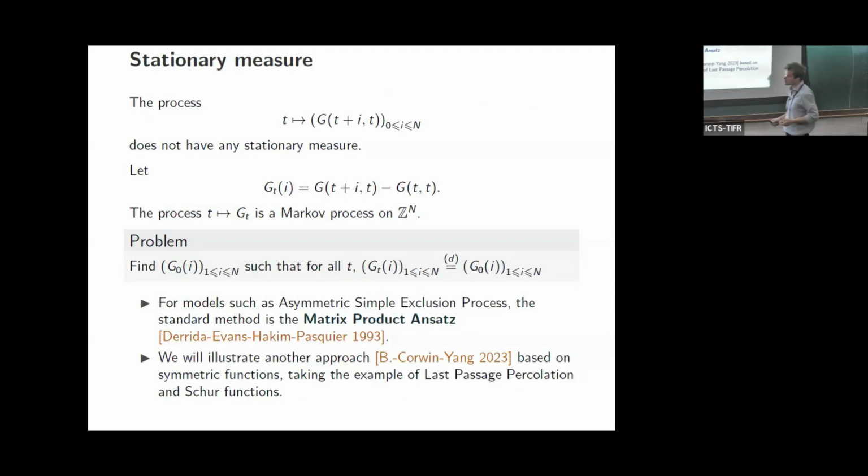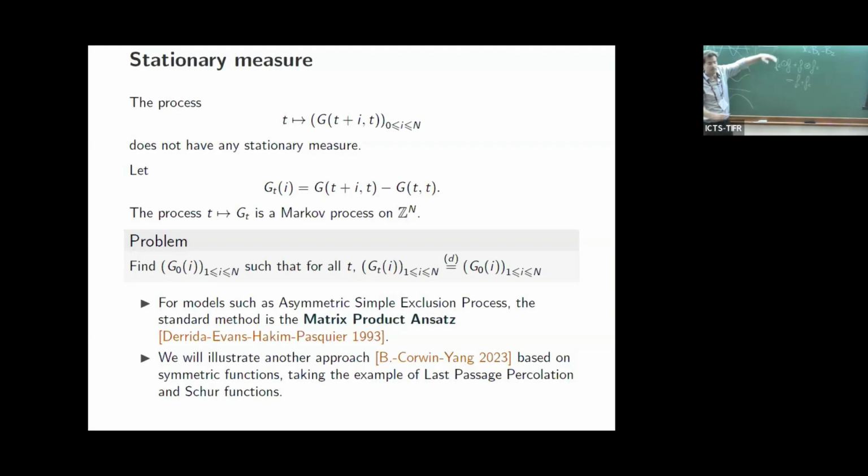So first I have to explain a bit what is a stationary measure. Now I imagine that I have my strip, and I will look at the last passage times along a row. I view the height as time.